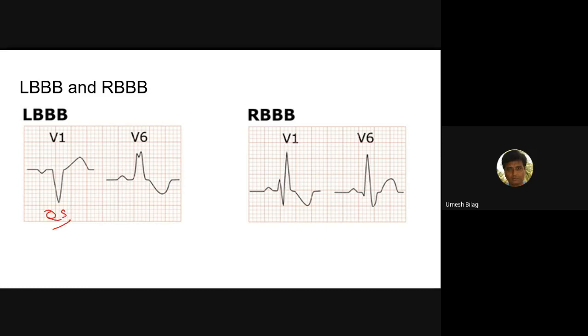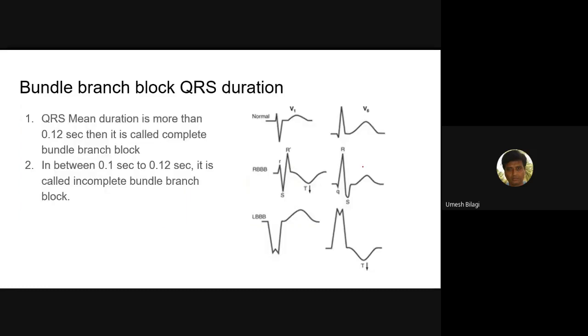So there can be W here, M here. Sorry, I made a mistake here. You can see here, this is W, and this is M. M and W are shown here nicely.